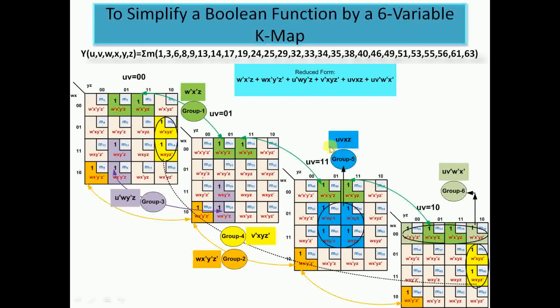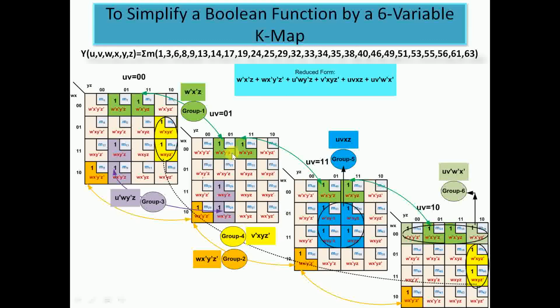Now group 5 is confined to only this map, with 4 min terms present in this map itself at M53, M55, M61 and M63, because neither here nor here do we have min terms at the same location.